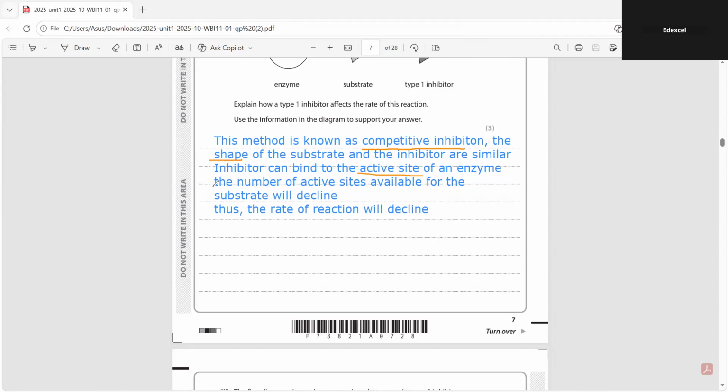So the number of active sites available for the substrate will decline. So it will compete and take the active sites, so the number of active sites available for the substrate will decline. Thus, what will happen to the rate of reaction? It will also decline. So these points you have to write. So let's move on to the next question.